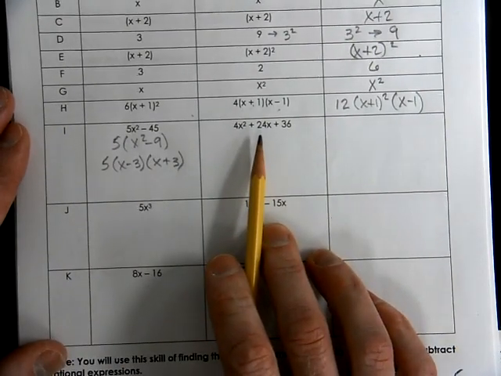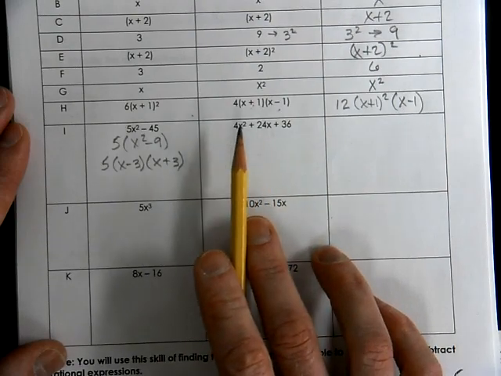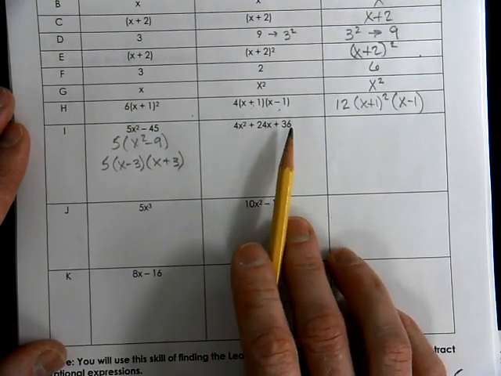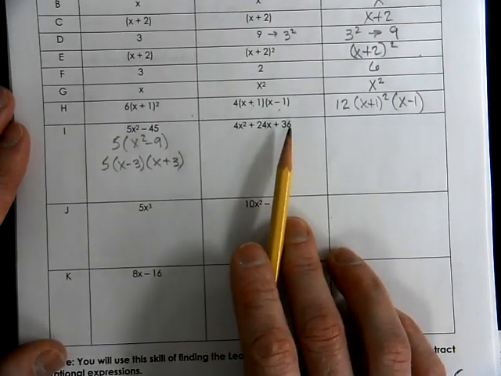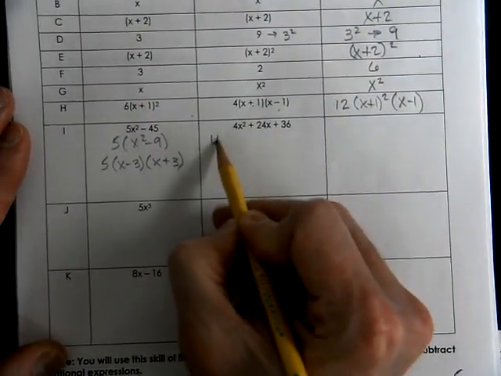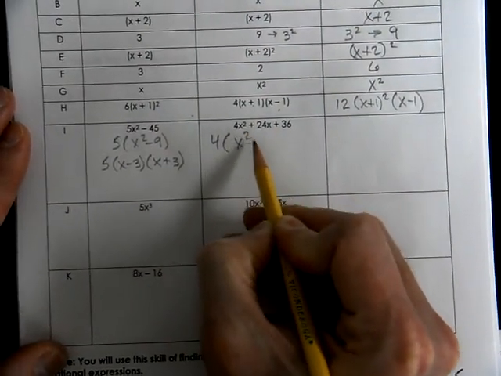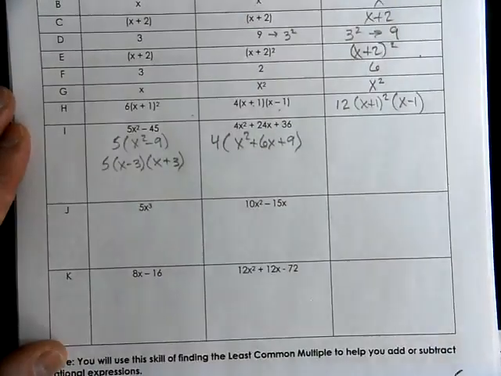Now we look at this one. I notice that all the numbers are relatively big. So I'm going to consider, is there a number that goes into all of these? 4 goes into all of those. So I'm going to factor the 4 out, and that leaves me x squared plus 6x plus 9.